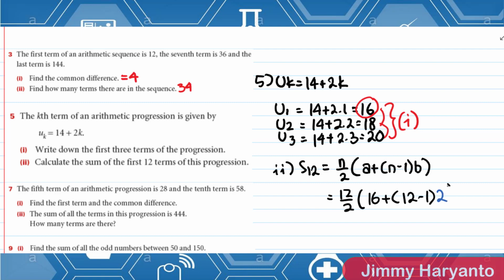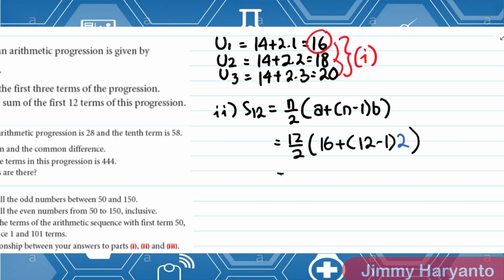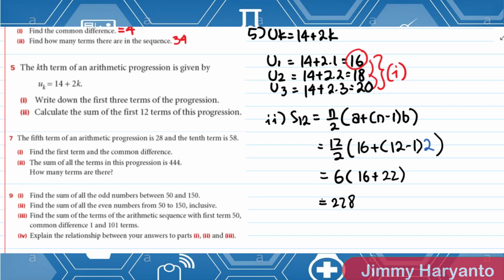The result will be 6 times 16 plus 11 times 2, which is 22, so 38 times 6 equals 228. So the second answer will be 228.